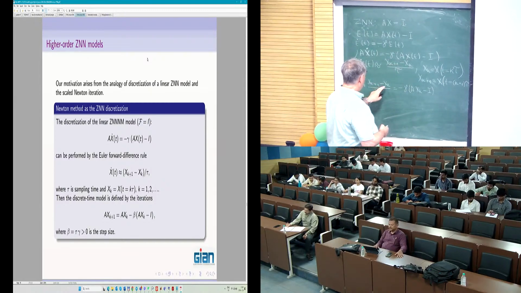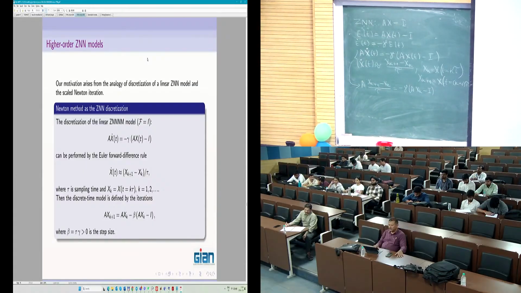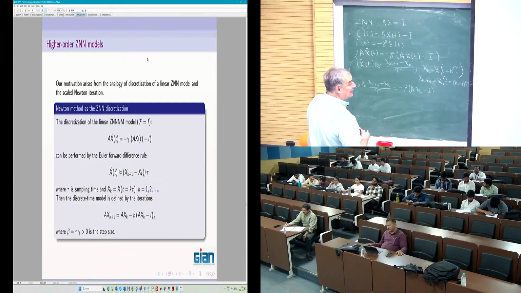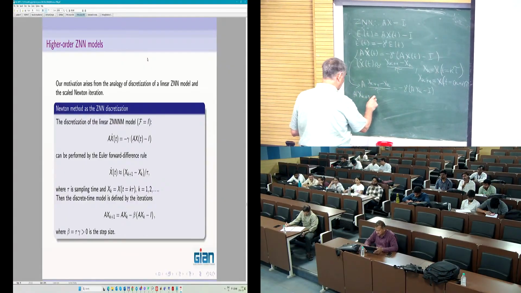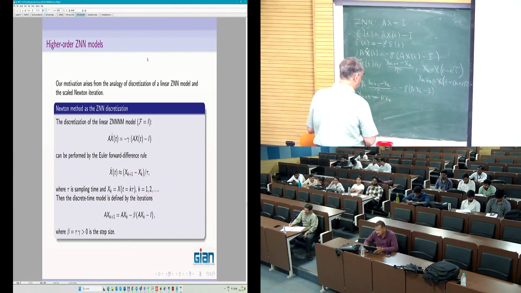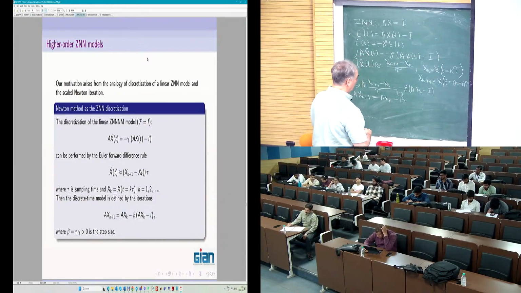The derivative is defined using two successive approximations in two successive time instances. Now we multiply by tau and obtain A xk plus 1 equals A xk minus beta, where beta is tau gamma. We spoke about such a parameter.